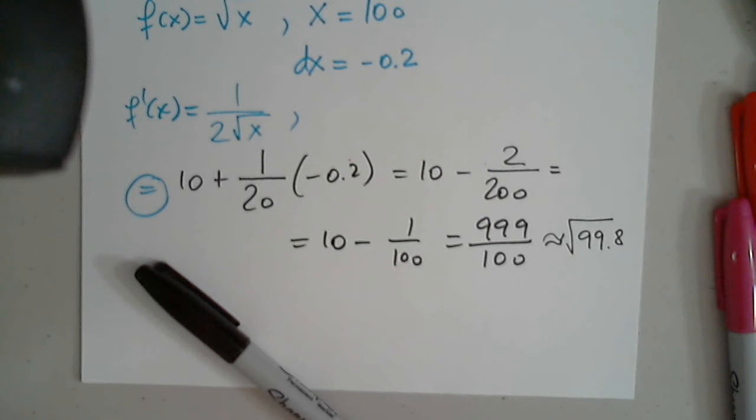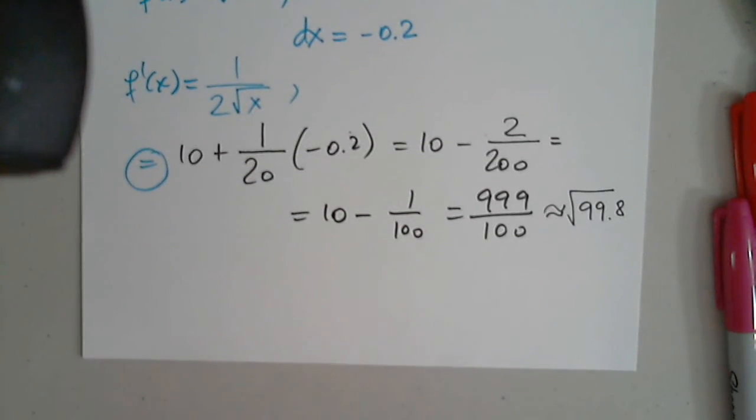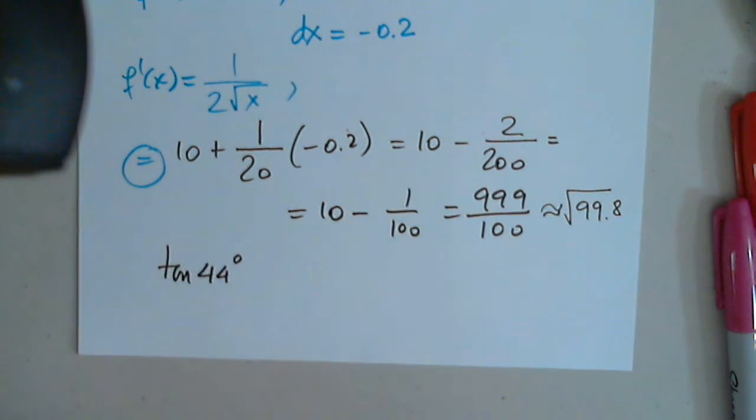It's 9.99. And the other one is the square root of 99.8. Very good. So now let's also look at something even more intriguing, like tangent 44 degrees.